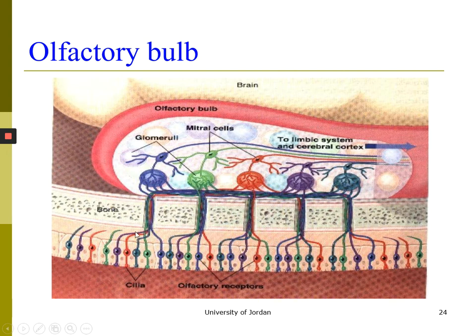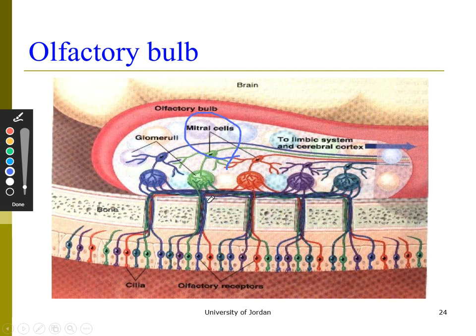When they enter the brain, the axons synapse with other cells called mitral cells. So the dendrites of the mitral cells here, and the axons of the olfactory receptors synapse together, forming glomeruli here, and each glomerulus is sometimes specialized for certain sensations.